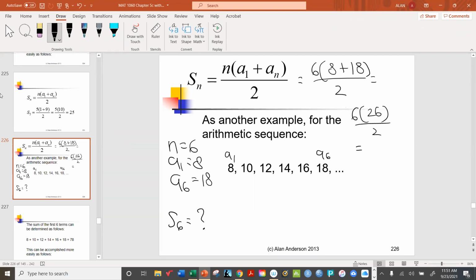Now, if you want to simplify, you can turn this into 3 times 26, and you end up with 78. Now, if you want to double check this on your calculator, you can certainly feel free to do so. Or guess what else you can do?